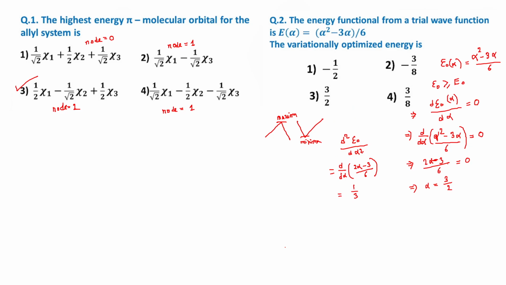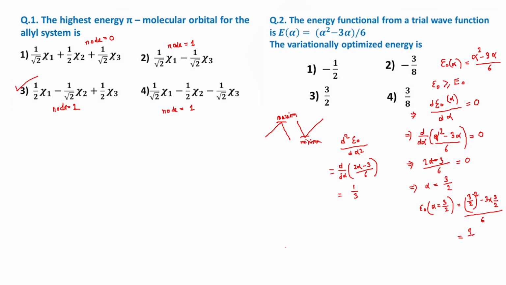And whenever this double differentiation is positive, that means you have a minima. So for alpha equal to 3 by 2, the energy functional, or epsilon, is going to have a minimum, and that is our optimized energy. So we'll put the value here: 3 by 2 square minus 3 into 3 by 2, divided by 6.